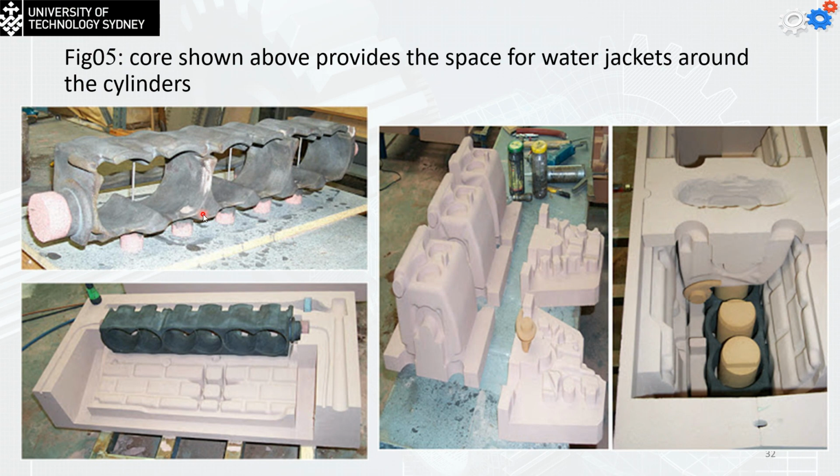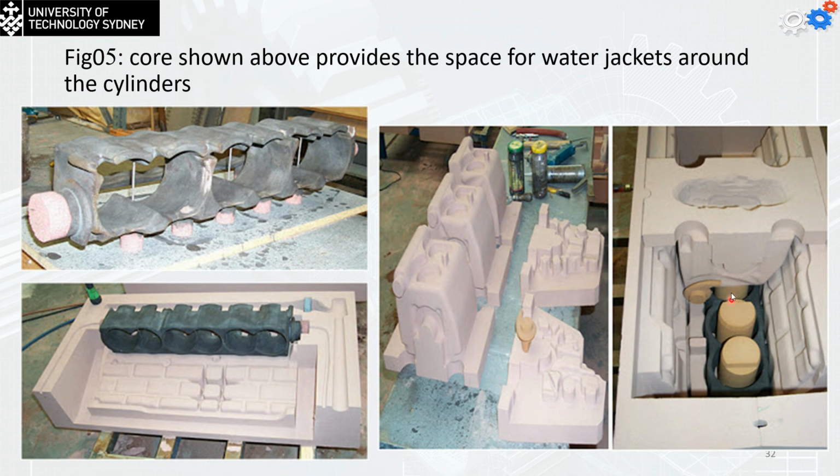Now we need to prepare the parts which are going to generate the internal cavities of the engine block, and that's what we call the cores. So you can see that actually all these cores were made from sand. The location here will be for the oil pump.